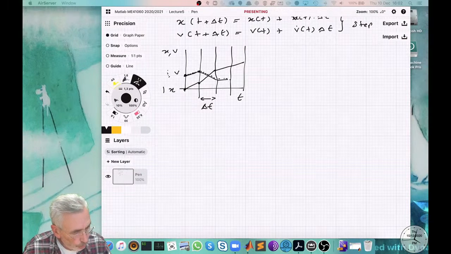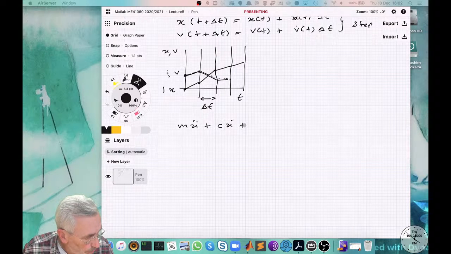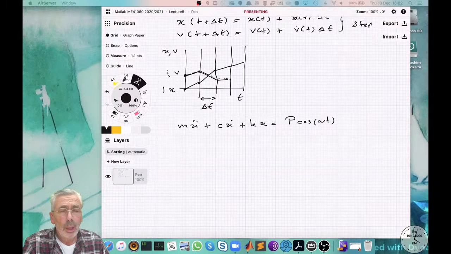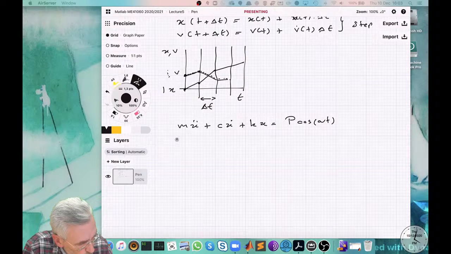Now let's go back to our problem. And remember, our problem was something like m x double dot plus c times x dot plus k times x equals p cosine omega t. Now, first of all, how many parameters has this problem?